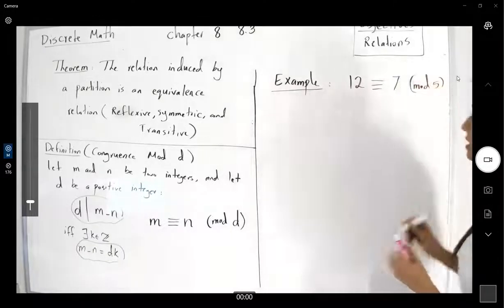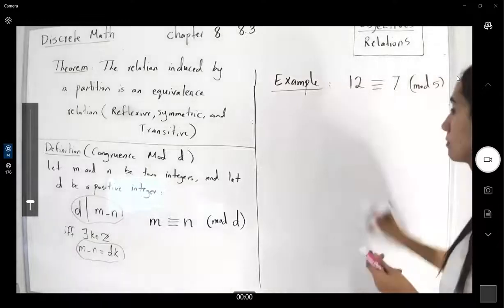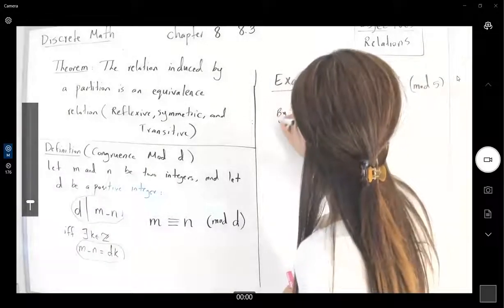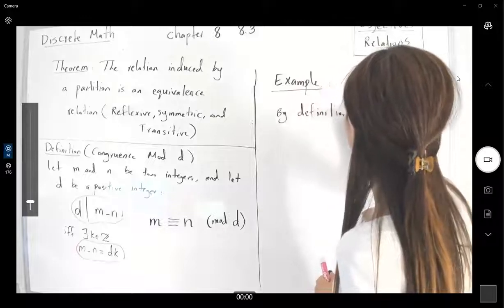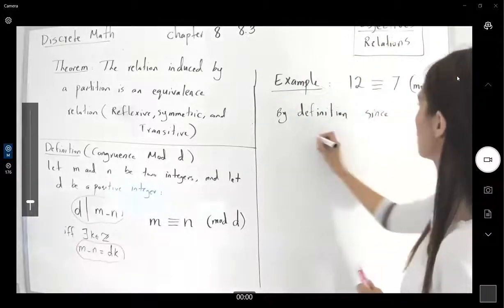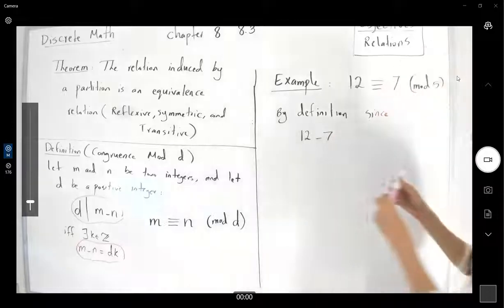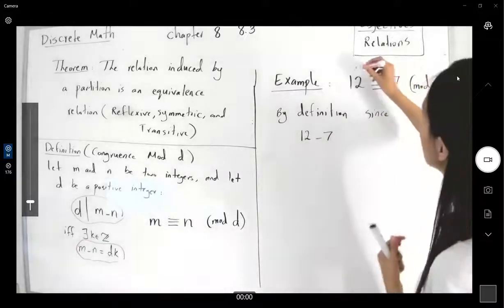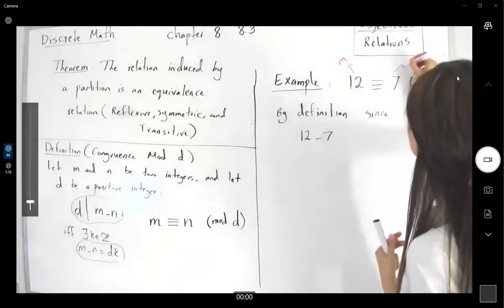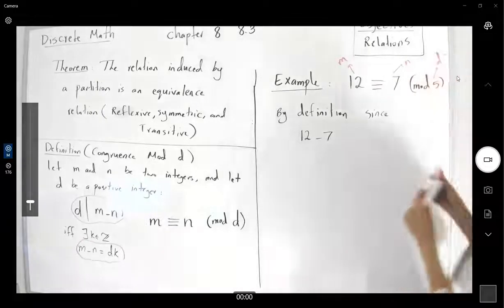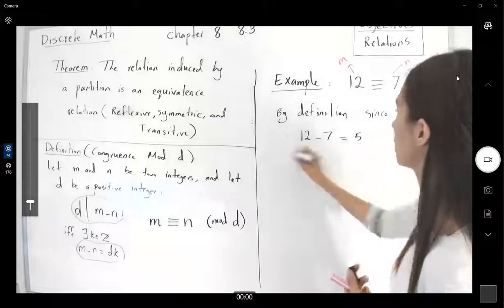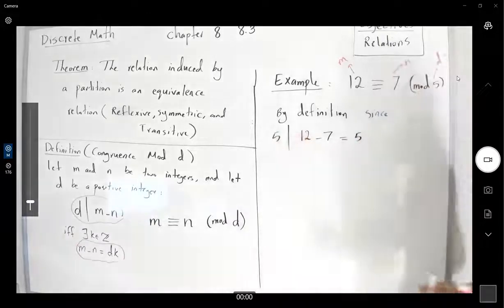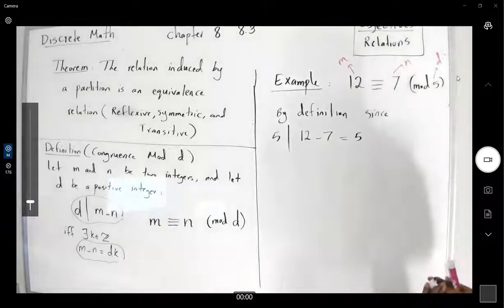Okay, it's very easy to verify. By definition, since 12 minus 7, so 12 is your M, 7 is your N, and 5 is your D. Okay, 12 minus 7 is equal to 5, and 5 divides 5, of course, that makes sense.